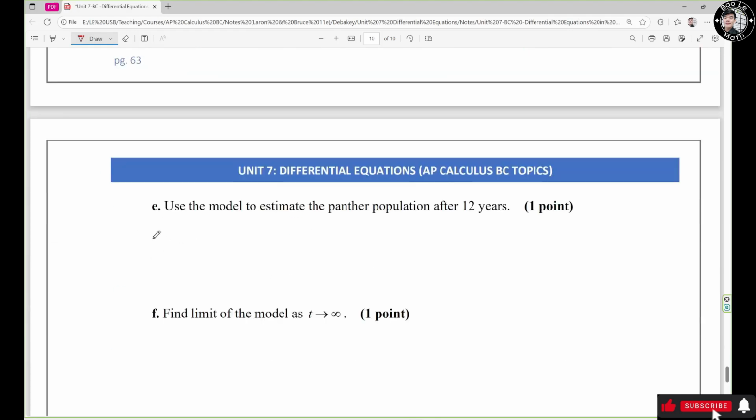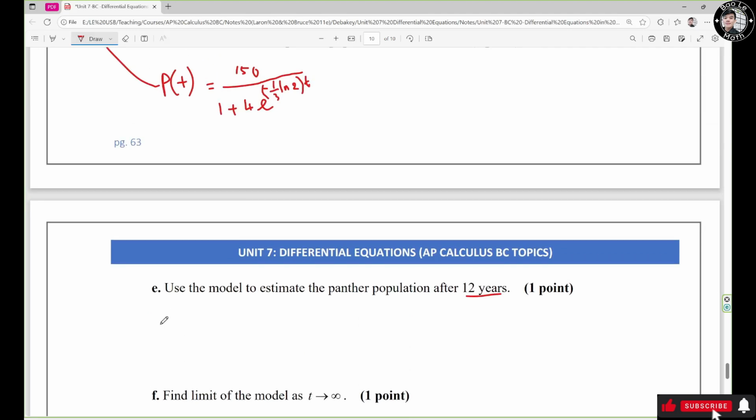Now let's move on to question E. Use the model to estimate the panda population after 12 years. So P of 12 equals 150 over (1 plus 4 times e raised to the negative 1/3 natural log of 2 times 12).